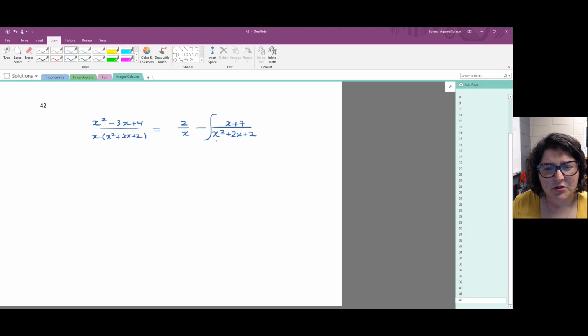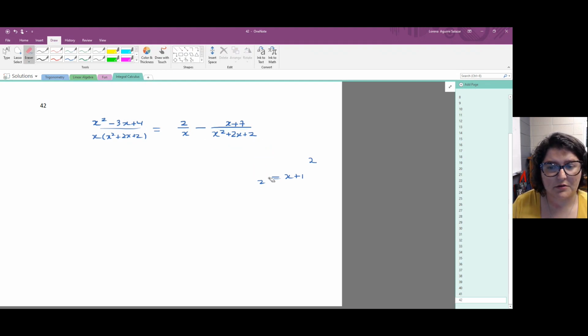In order to use substitution and take this as u, we will need du to show up somehow on top. And du is twice x plus 2. And on top we have x plus 7. If we had an x plus 1 instead, then the top part would be really similar to du divided by 2.